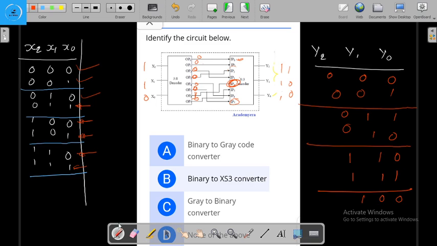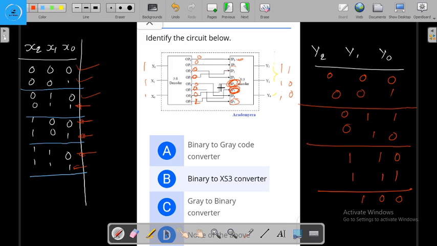Now for the input 111, this op7 output will be at logic high, and all the rest of the outputs will be at logic low. This op7 is connected to ip5.